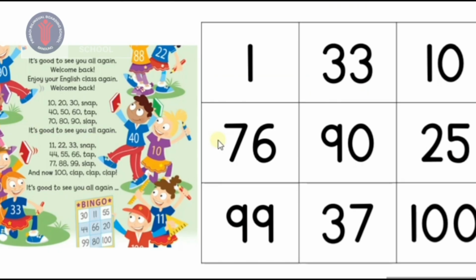Okay, everyone, now in here I would like to explain you how to make a bingo. Now, please make a 10 box like I made in here and put any numbers that you want inside your box, inside your table.